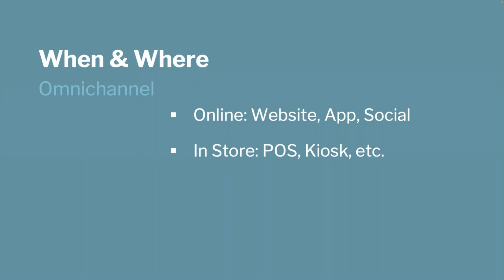So when the user is in store, at the point of sale, the kiosk, et cetera, et cetera. So there are definitely many, many ways that one can and should personalize across all their properties.